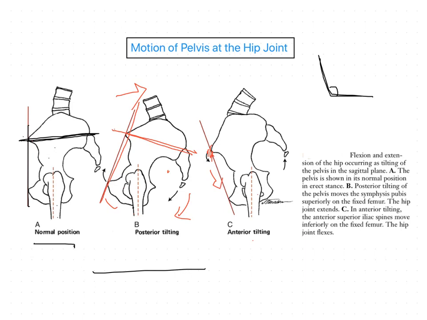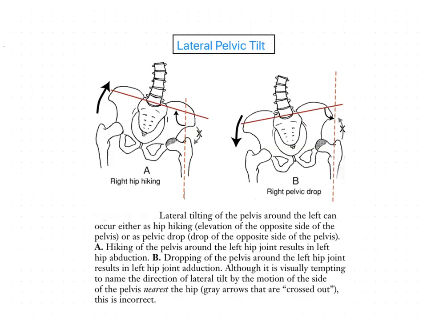Now we will see the lateral pelvic tilt. The lateral pelvic tilt is a frontal plane motion around an AP axis. In the normally aligned pelvis, a line passing through the iliac crests is horizontal. So normally the iliac crests are in a horizontal position.